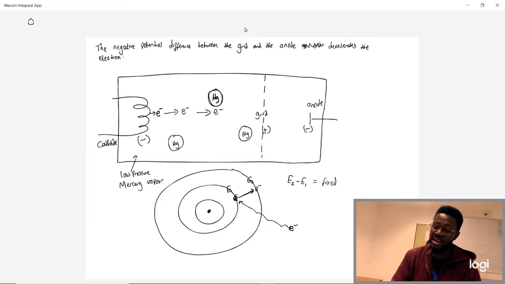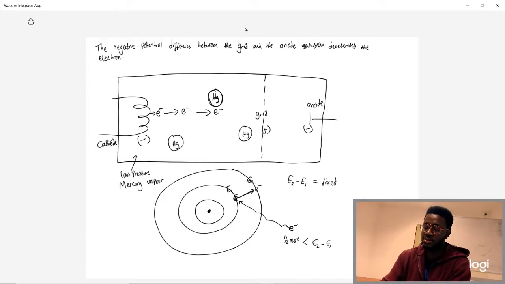What if it doesn't have enough energy? If the energy here is less than E2 minus E1, what happens? It won't be excited. Exactly, there will be no energy transfer. You understand, right? Yes.